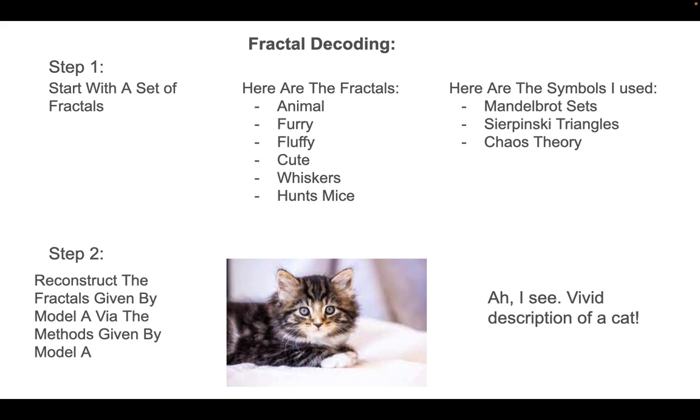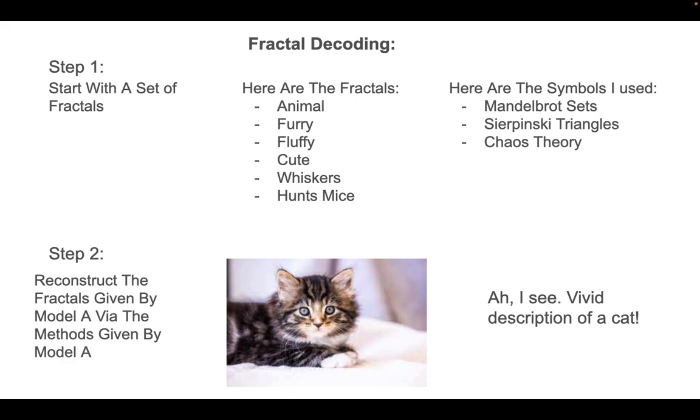I gave animal a 0.8, furry a 0.5, fluffy a 0.8, cute a 1.0, whiskers a 0.3, and hunts mice a 0.75, and so on. Those are kind of just the importance, the weighting overall.